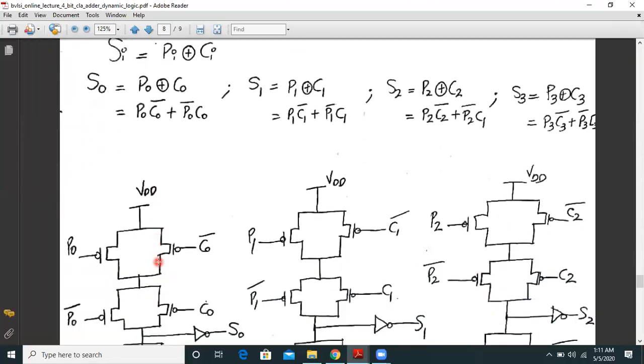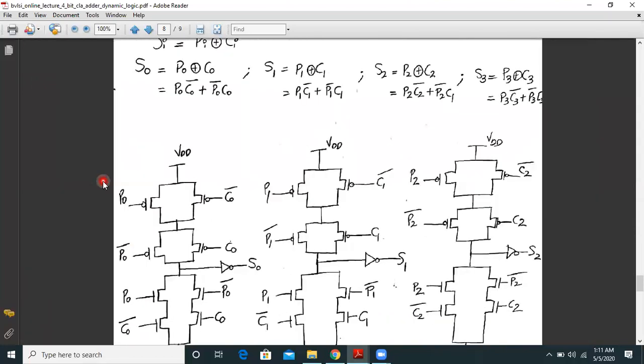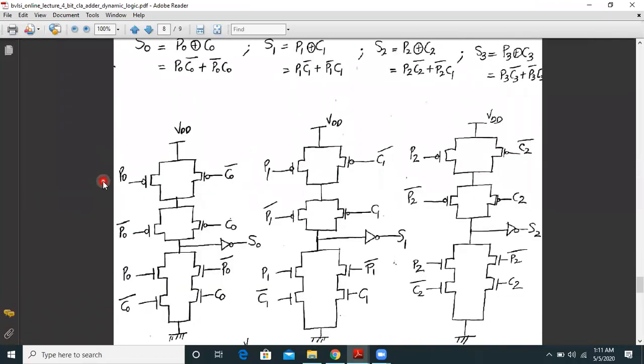Now let us implement S0. So S0 expression is P0 C0 bar plus P0 bar C0. That pull down network will consist of two NMOS transistors in series with the input P0 C0 bar.